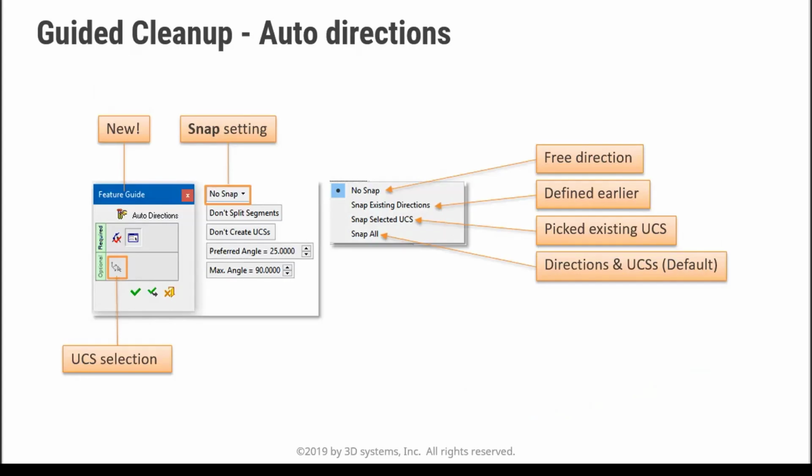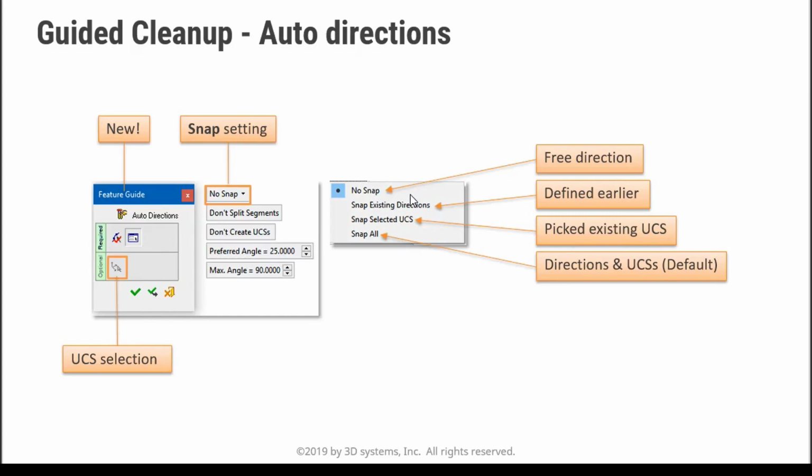After clicking on the new icon, a feature guide opens up with some screen parameters. The first one is the snapping options. Snapping can be used in order to change the orientation of selected segments to an orientation of an existing UCS. 4 options are available.